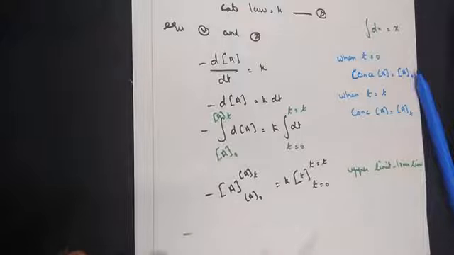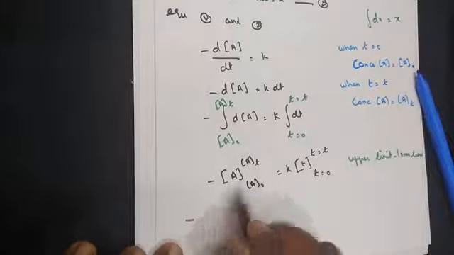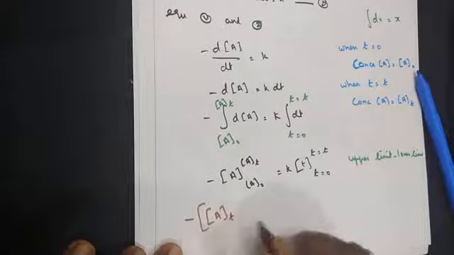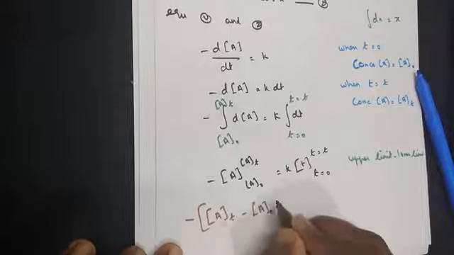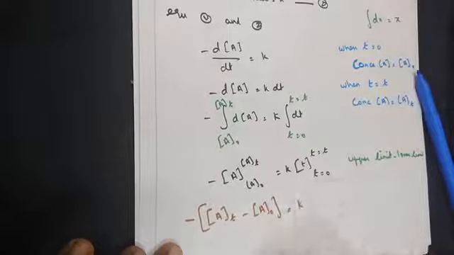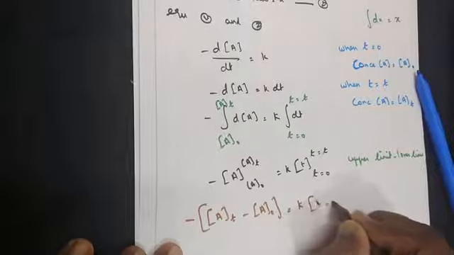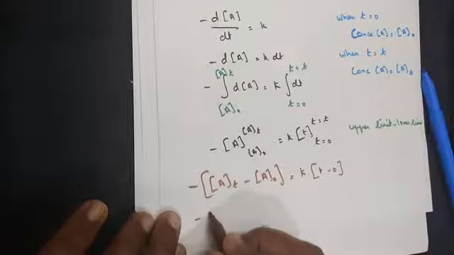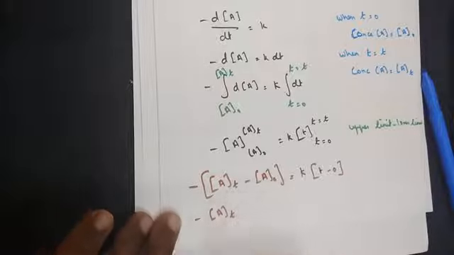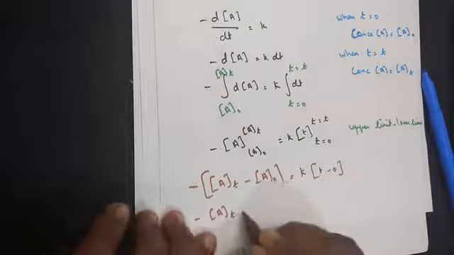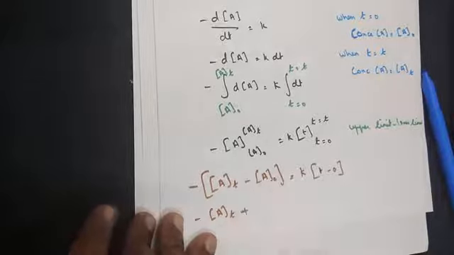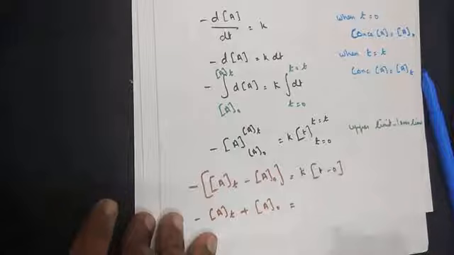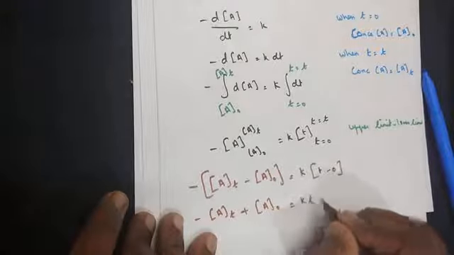So we get minus, concentration At minus concentration A naught is equal to K into t minus 0. Multiplying with the minus sign, minus into minus gives us plus. So that will be concentration of A naught minus At is equal to t minus 0, which is t. So we get Kt here.